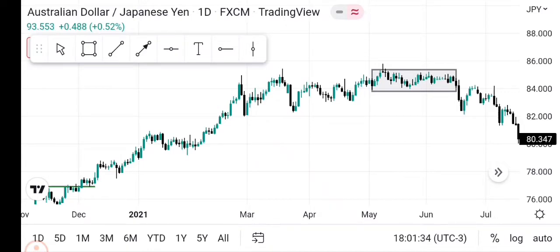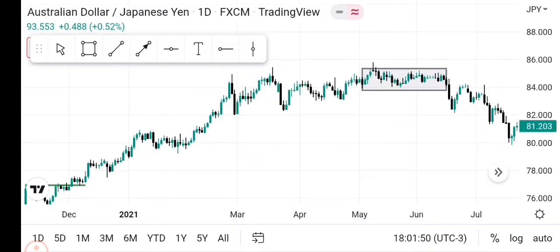But if you are able to spot out your horizontal resistance and your horizontal support, then that market is a ranging market. But here, this is not a ranging market, this is just a consolidating market.